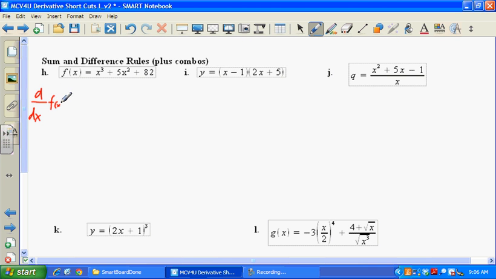I'm going to take the derivative of each of these separate terms. This is going to look strange, and normally we'd skip this step. This is kind of the derivative of each of the pieces is what we would think. We wouldn't necessarily write it, we'd think it.